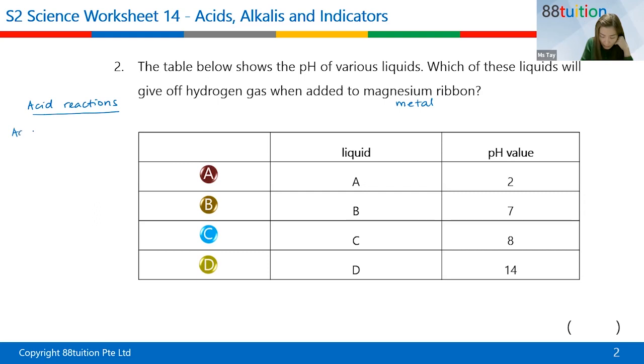First one is acid plus metal. Okay, and this is going to give you a salt. There will be water, and there will be hydrogen gas. This is the first general reaction of acid. Second one, acid plus metal carbonates.